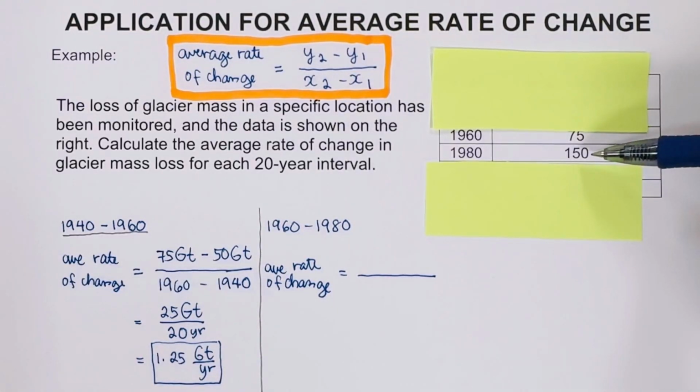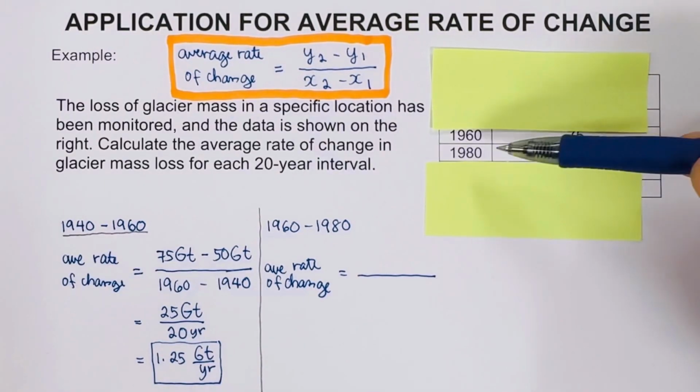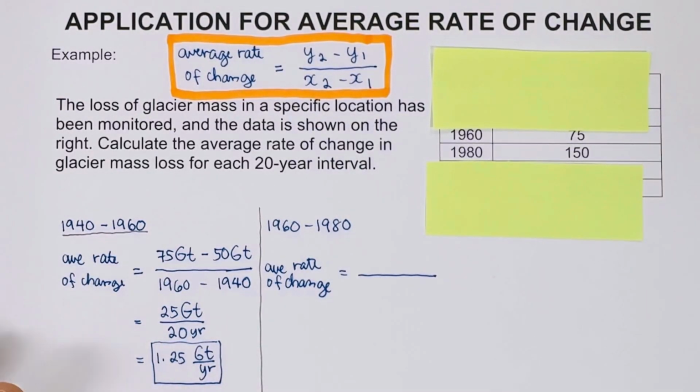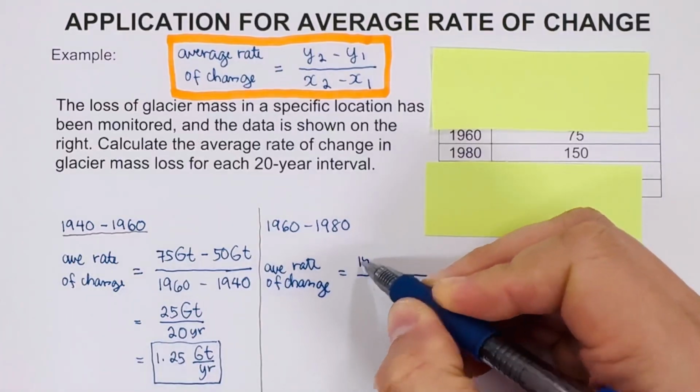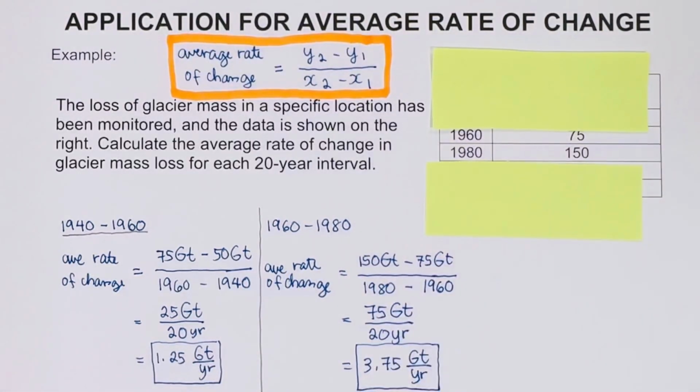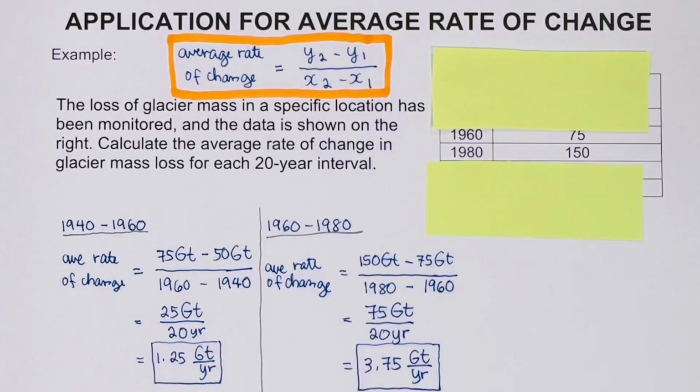So our Y2 is 150. Our Y1 is 75, while our X2 is 1980, X1 is 1960. So I'm going to plug it into the equation. So the average rate of change from 1960 to 1980 is 3.75 gigatons per year.